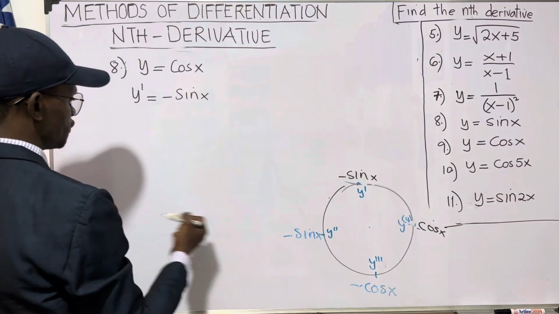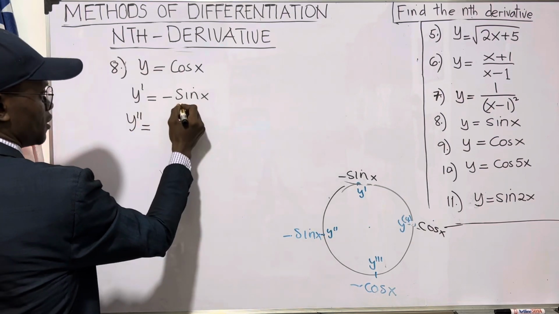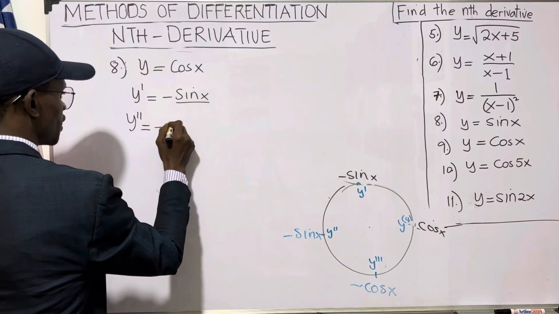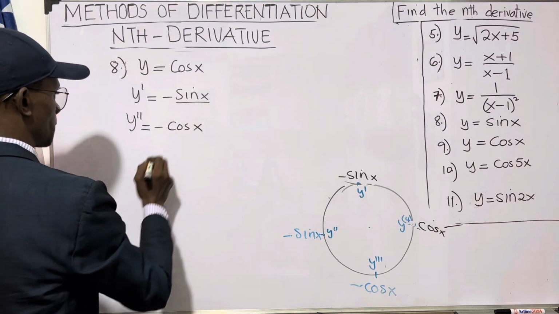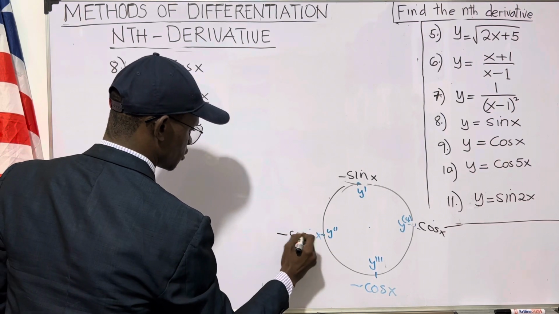The second derivative: we differentiate this. The derivative of sine of x is cos, times this negative, so it's negative cos of x.